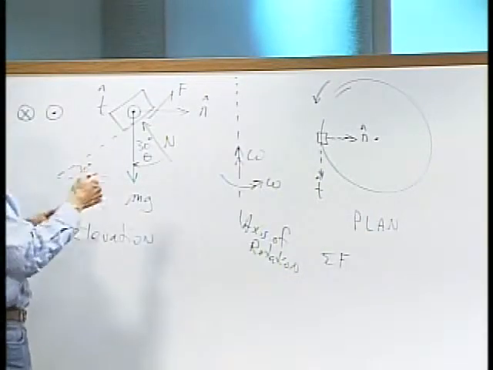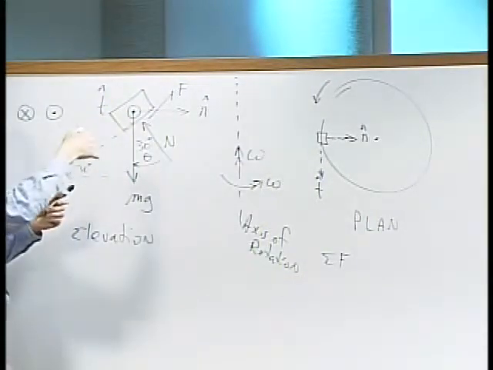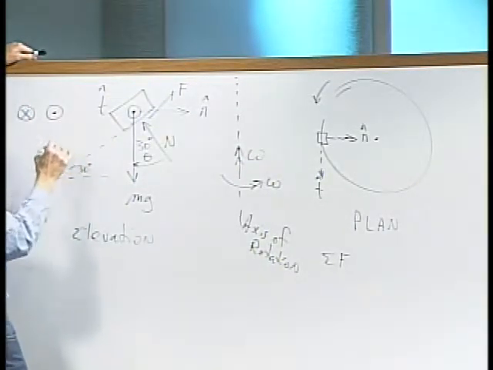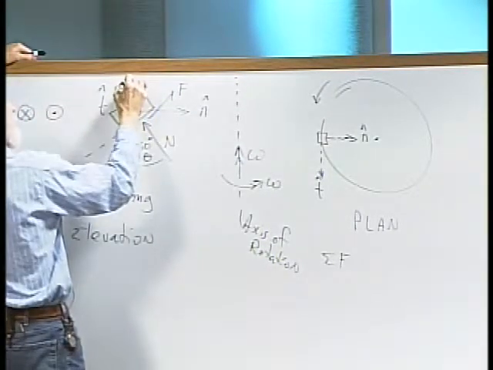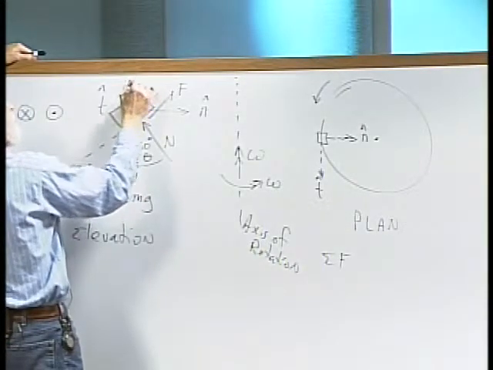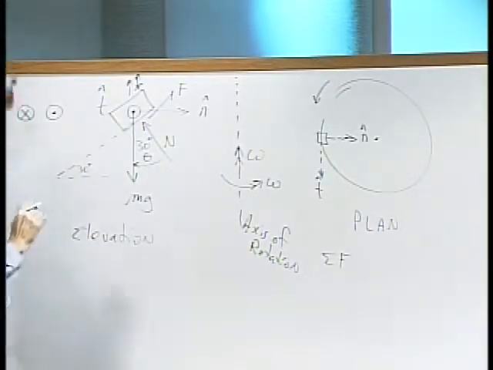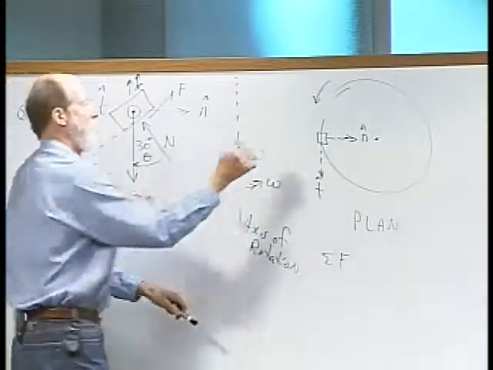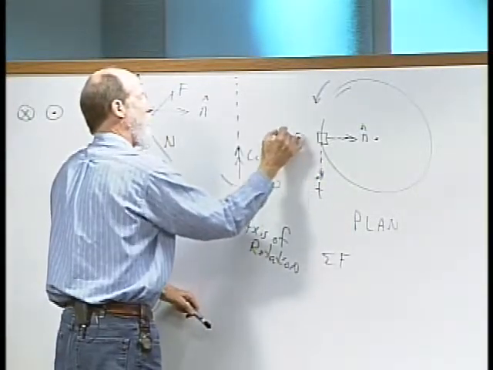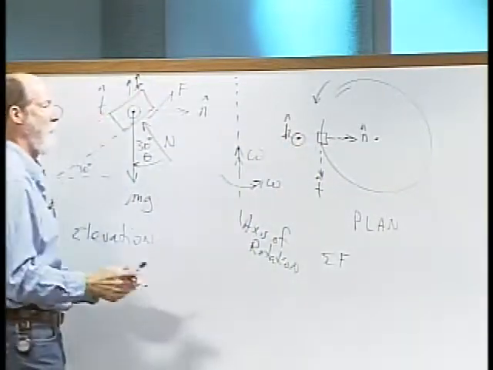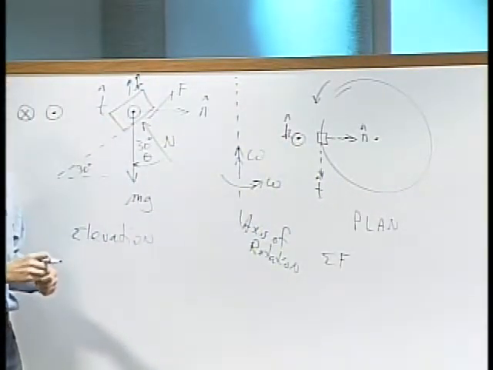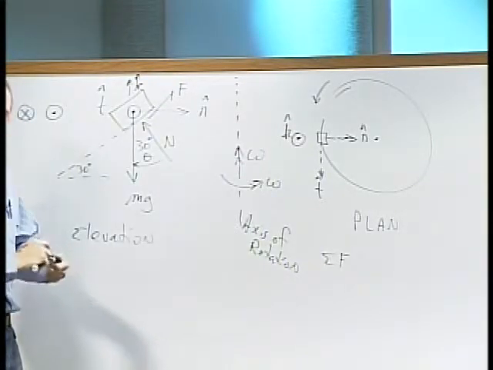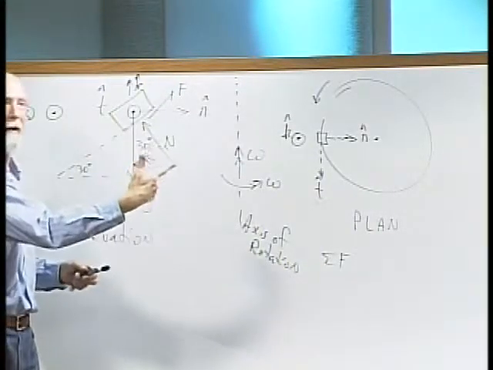If I call Z the traditional up, then we could put a K hat on there, upward. In our plan view, K hat is coming up towards us. So that's a nice little triad with these three orthogonal vectors.